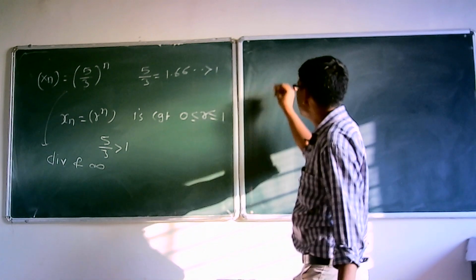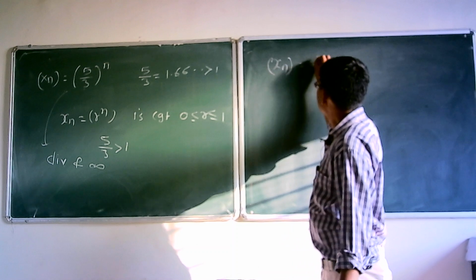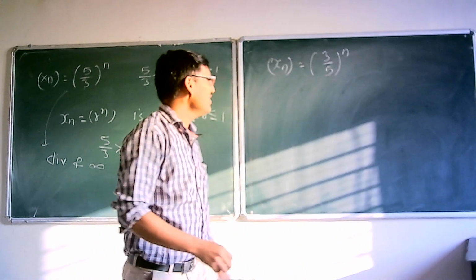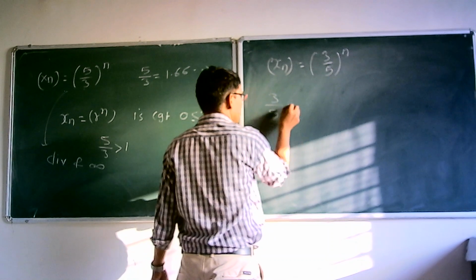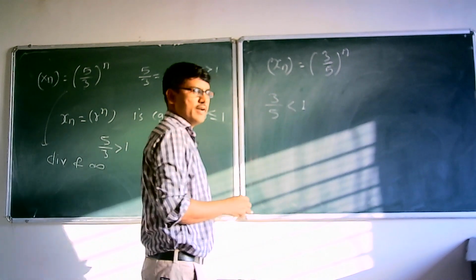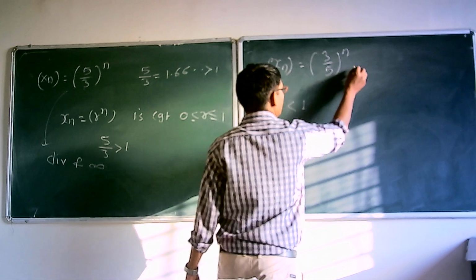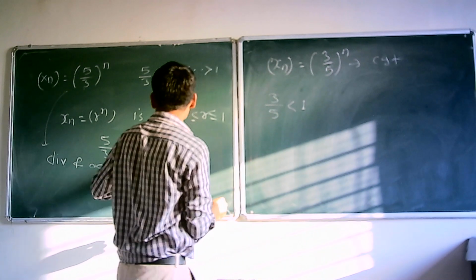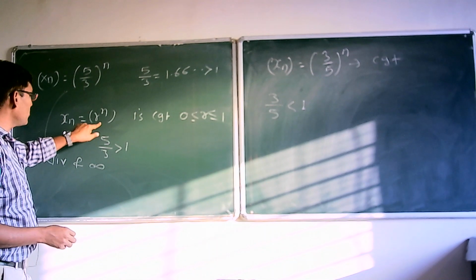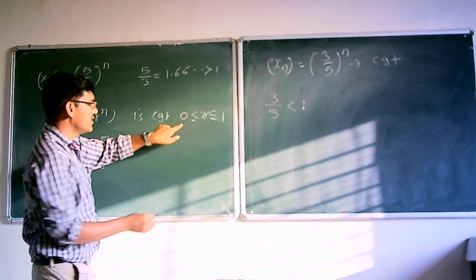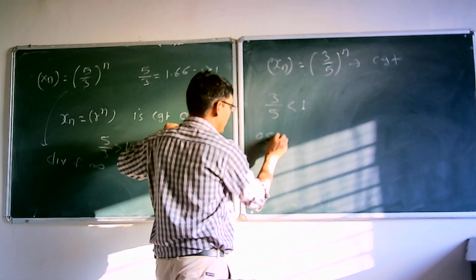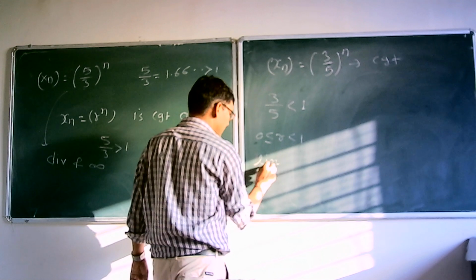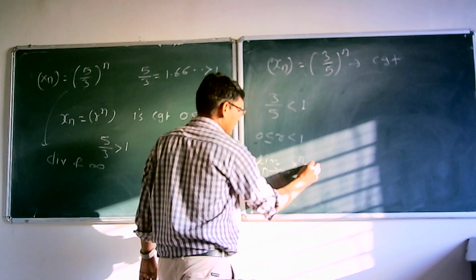Now similarly, if you take xn is equal to 3 by 5 raised to n, then all of you know that this 3 by 5 is less than 1, and therefore this sequence is convergent. We know that if xn is equal to r raised to n is the given sequence, and if our r lies between 0 and 1, then limit n tends to infinity, r raised to n is equal to 0.